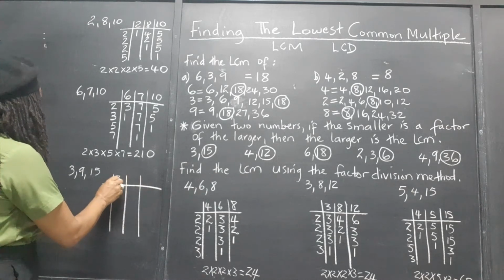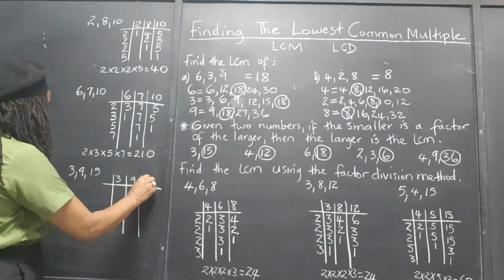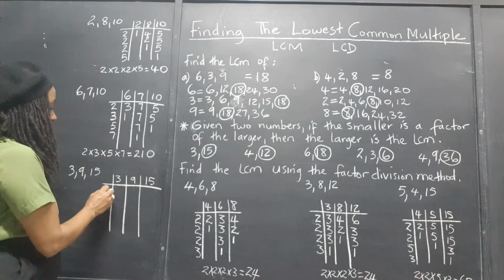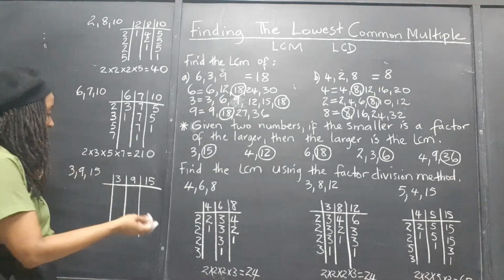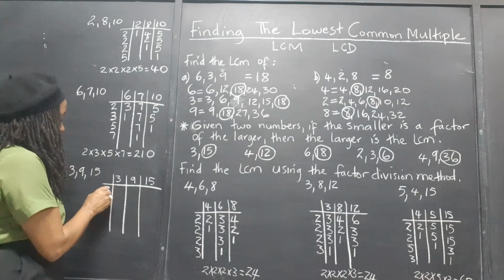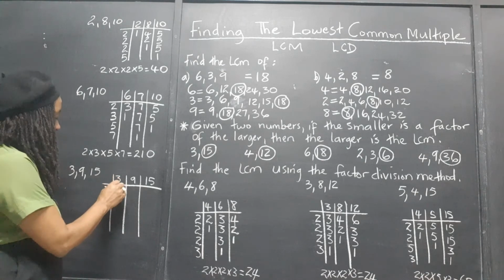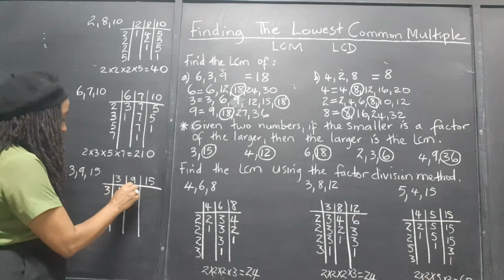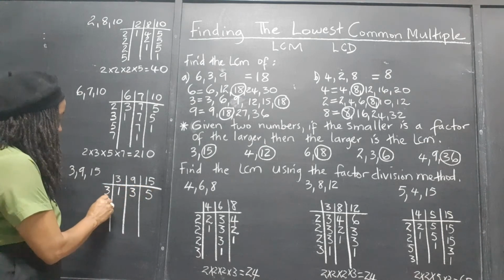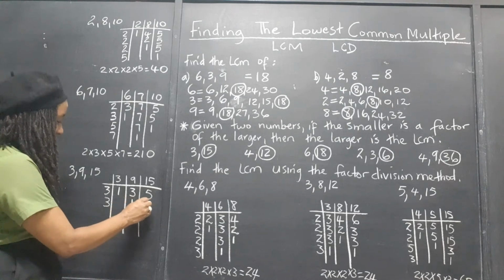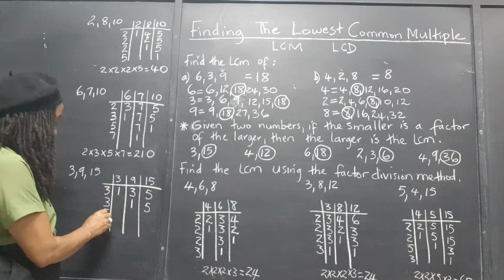So we have 3, 9, and 15. They're all odd numbers, so we can't start with 2. So we start with 3. 3 into itself once, 3 into 9, 3, 3 into 15, 5. 3 into itself once, 3 can't go into 5, and 5 into itself once.